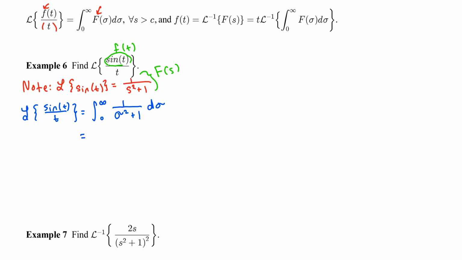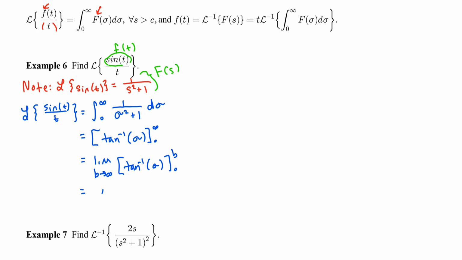Now, hopefully you recognize that the integral of 1 over sigma squared plus 1 is inverse tangent, or arctangent, of sigma, and we need to evaluate this from 0 to infinity. That's the limit as b approaches infinity of inverse tangent of sigma from 0 to b.